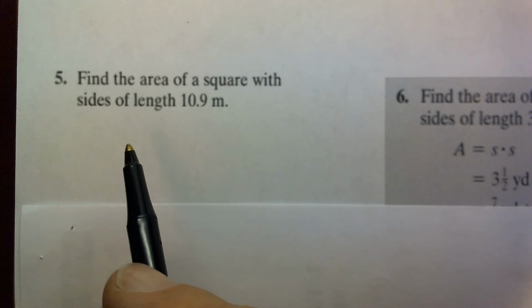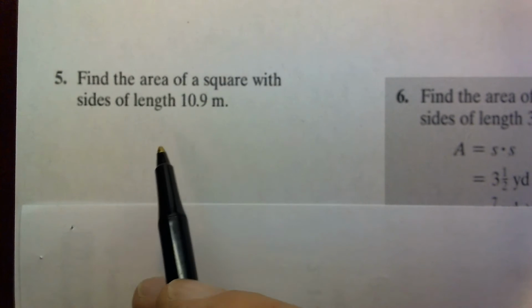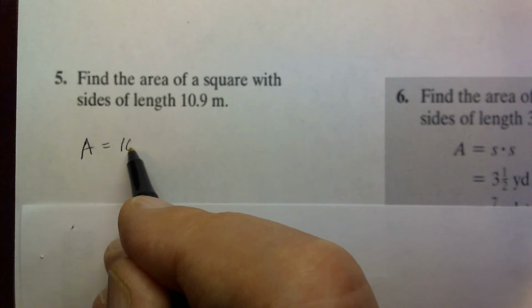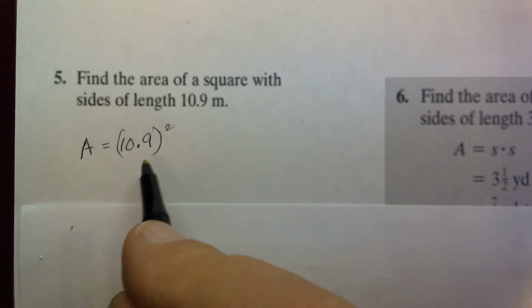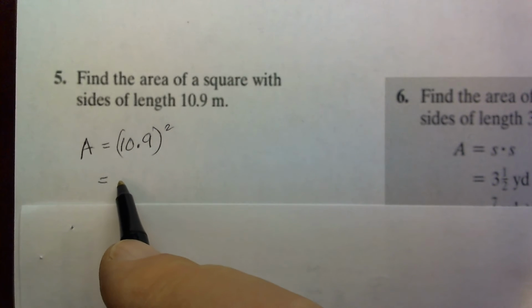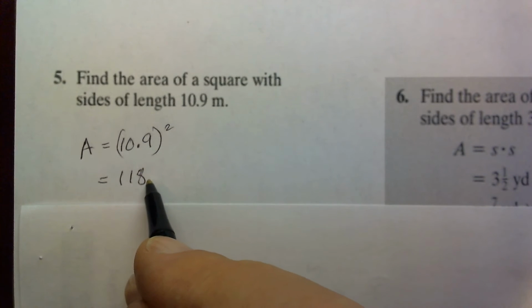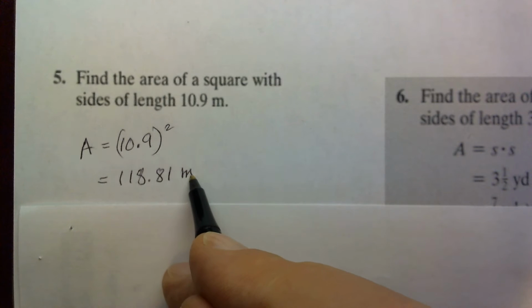For exercise 5, we find the area of a square with side length 10.9 meters. So the area is 10.9 squared, which is equal to 118.81 square meters.